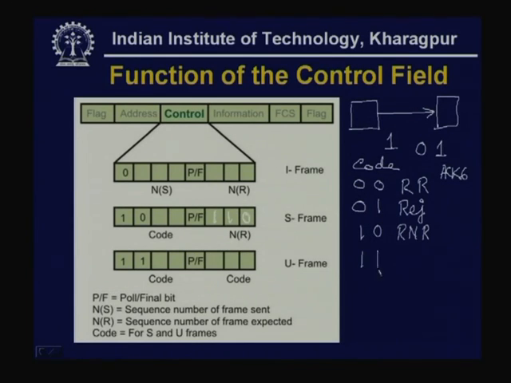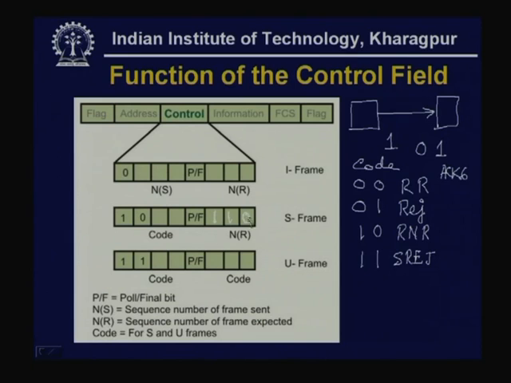Finally, whenever it is 1, 1, then it can be SREJ, selective reject. That means whenever the selective repeat ARQ is being used, in such a case a particular frame number which is mentioned here has to be selectively repeated, that is being specified with the help of this bit.